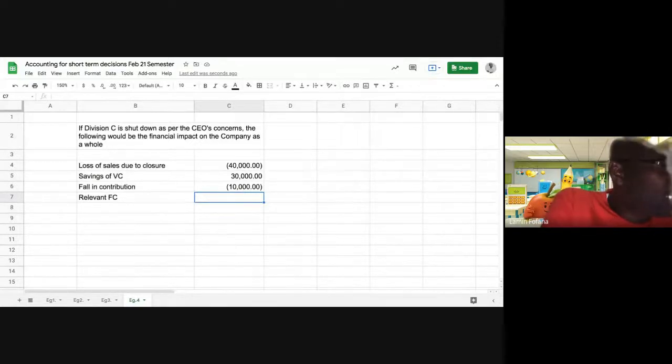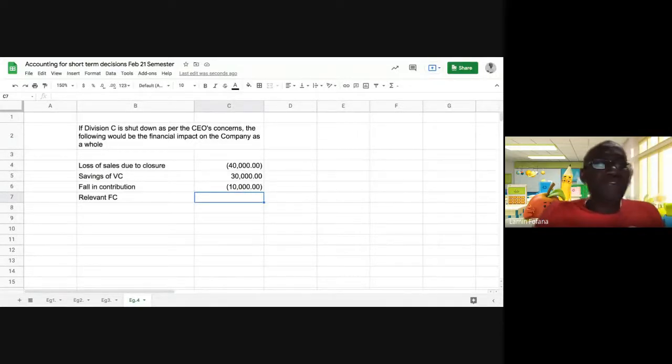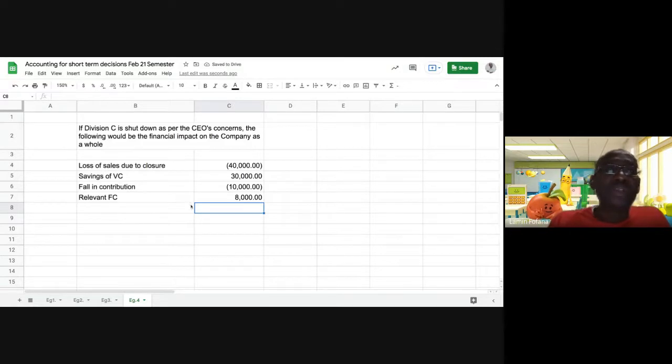So the ones that are directly attributable will be 40%. So we say equals 20,000 multiplied by 0.4, which is 40%. So that's 8,000. So we have a fall in contribution of 10,000, and we have relevant fixed cost savings.